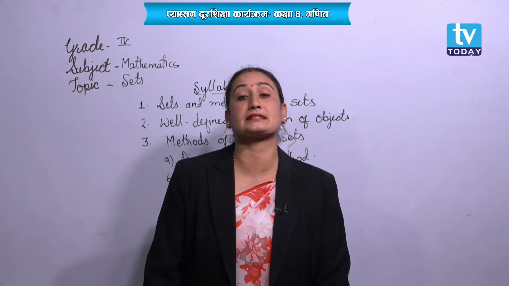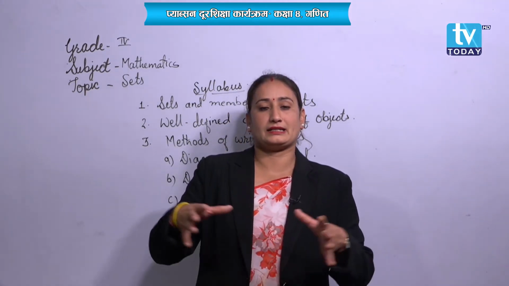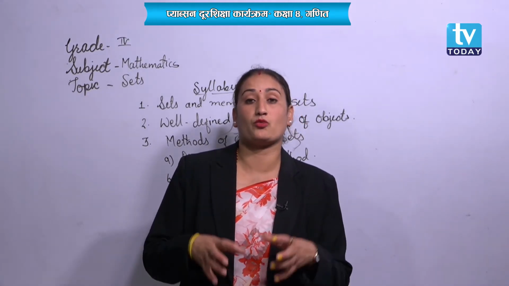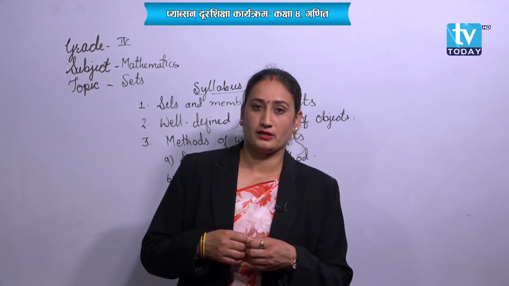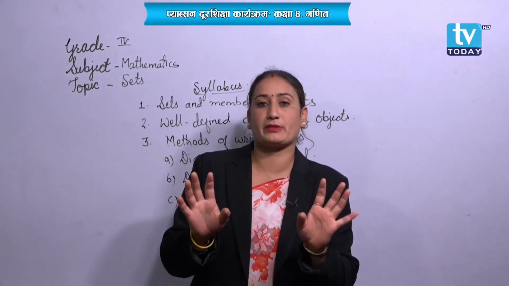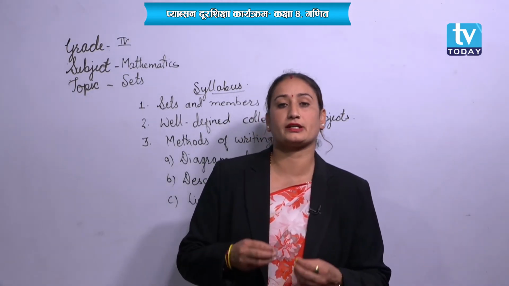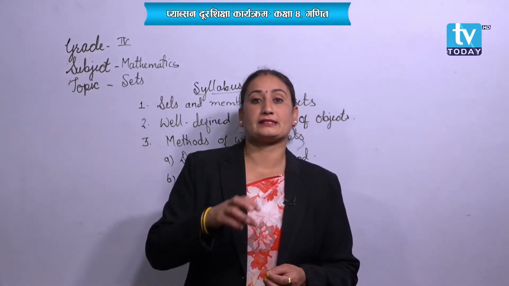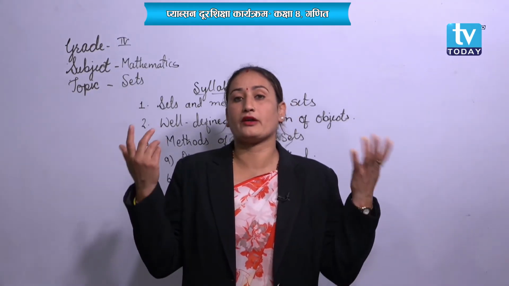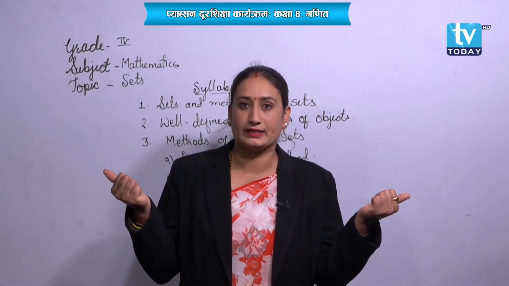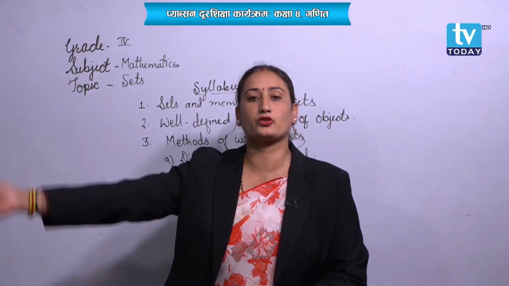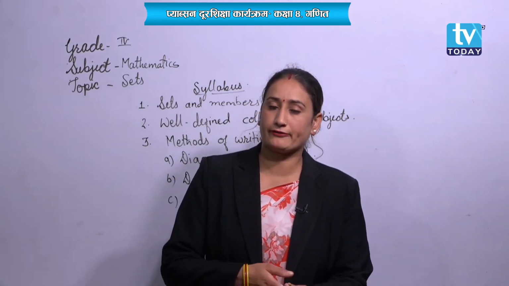For example, suppose you are collecting the taller students in one group according to your measurement. Taller students in one group means it's already defined, right? If you mix those same taller students into another group, is it well-defined?